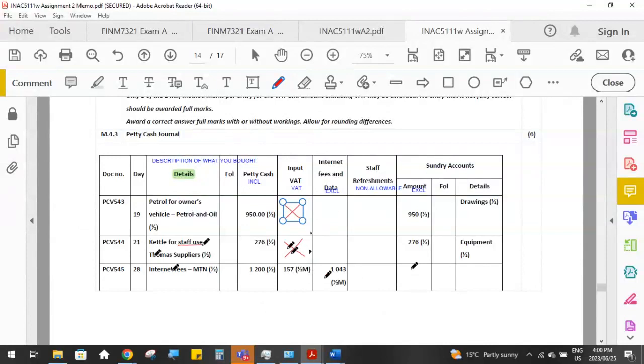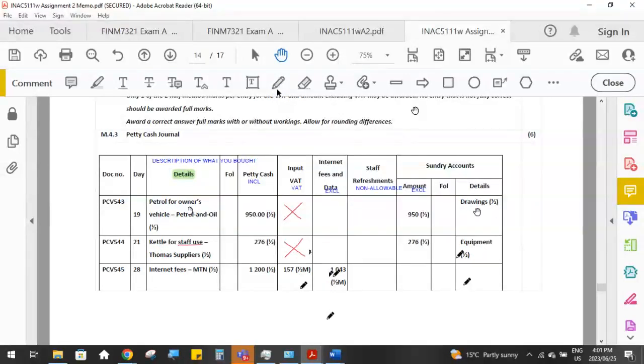And then buying data from MTN, that is a normal purchase of goods or service, so that will be included in that one. Because the petrol that was purchased was for gift herself and not for the business, we have to charge that to the owner's drawings account.